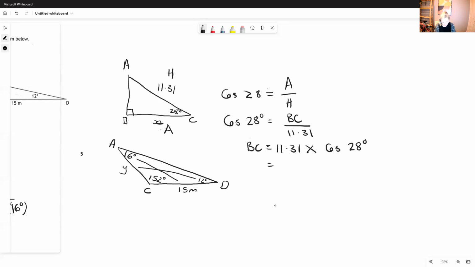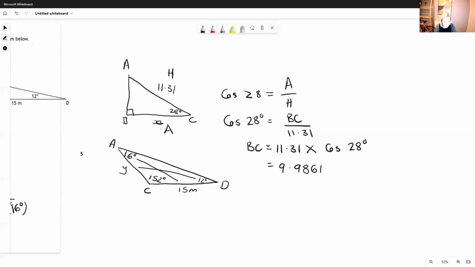And into my calculator that goes: 11.31 times cos 28 equals 9.9861. Now that's what BC is.